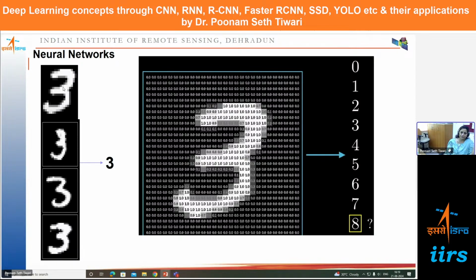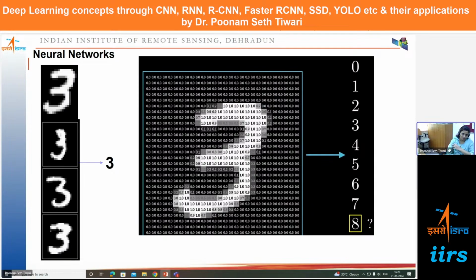Someone writes three in this form, someone writes three in that form, but our human brain is able to identify all of them as three. How is our brain able to identify that? In the same manner, we will try to make our neural network able to identify the different digits.